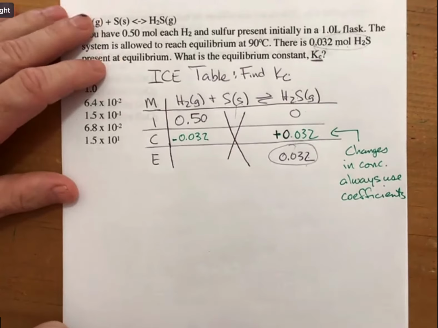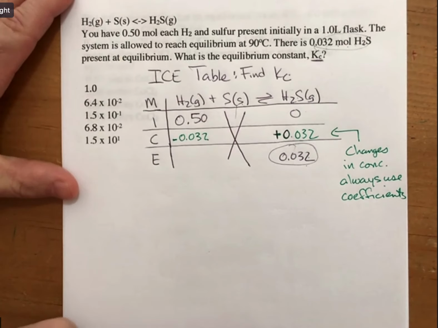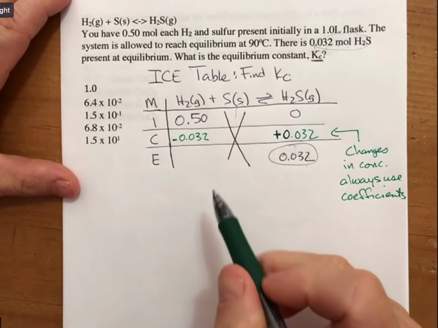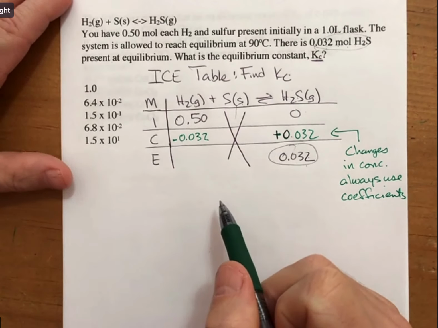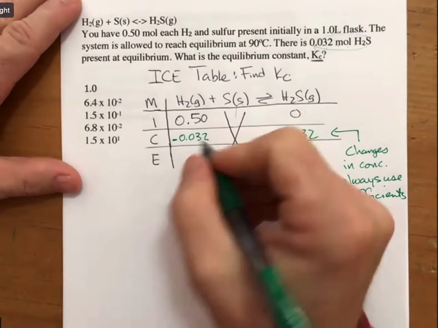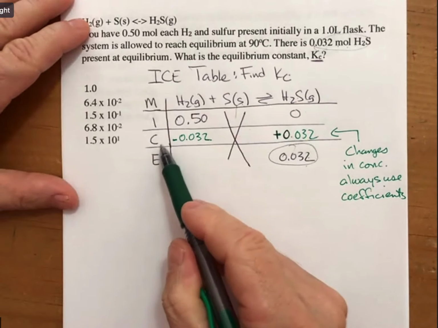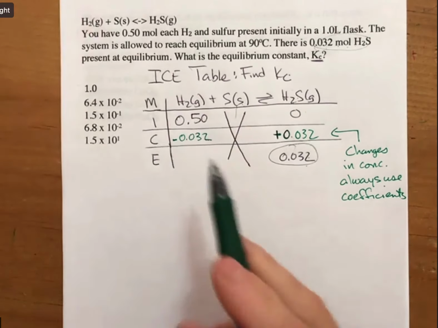And the coefficients in this problem happen to be 1s, but we'll hopefully see some problems where they are other than 1. In fact, I know we will. Okay, so now all that's left to do is go ahead and do the subtraction here.